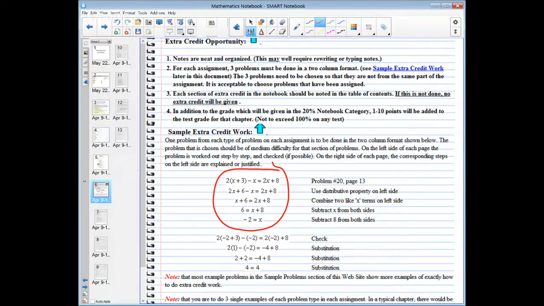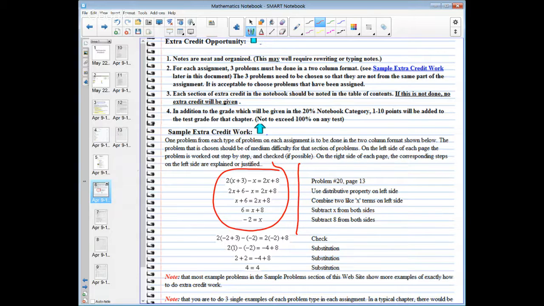Then you don't have to, but you can put a vertical line, and then in the column to the right of it, I love this if you do it this way, you give, and here's the extra credit part, an explanation of what you did step by step.